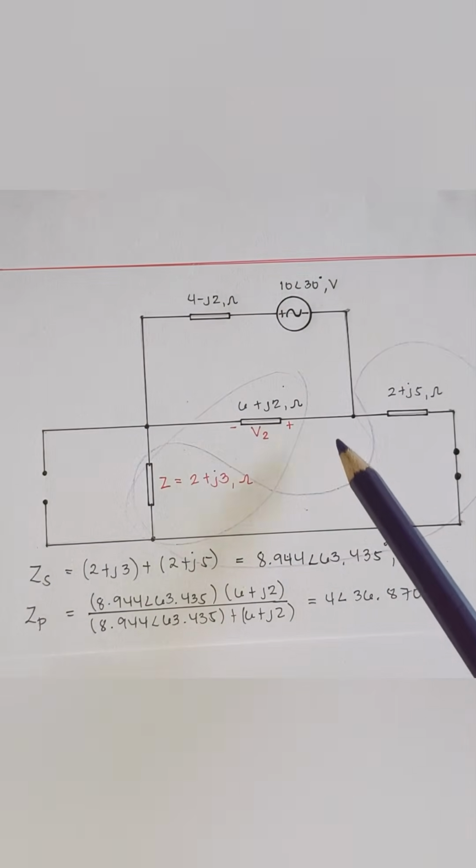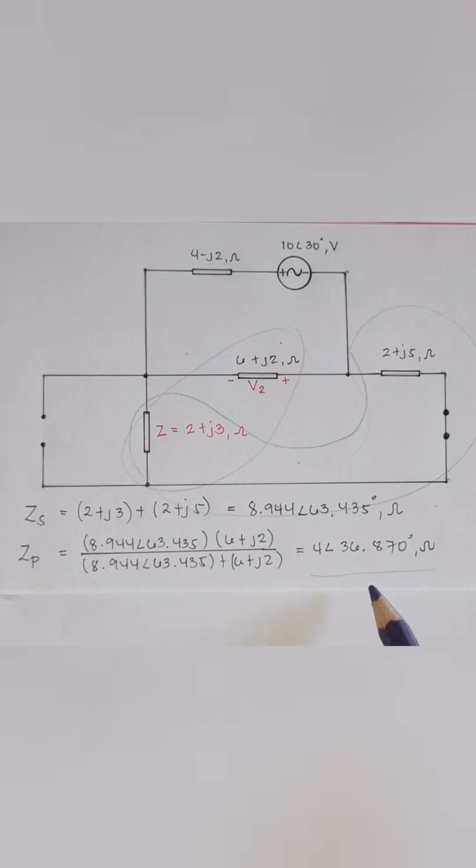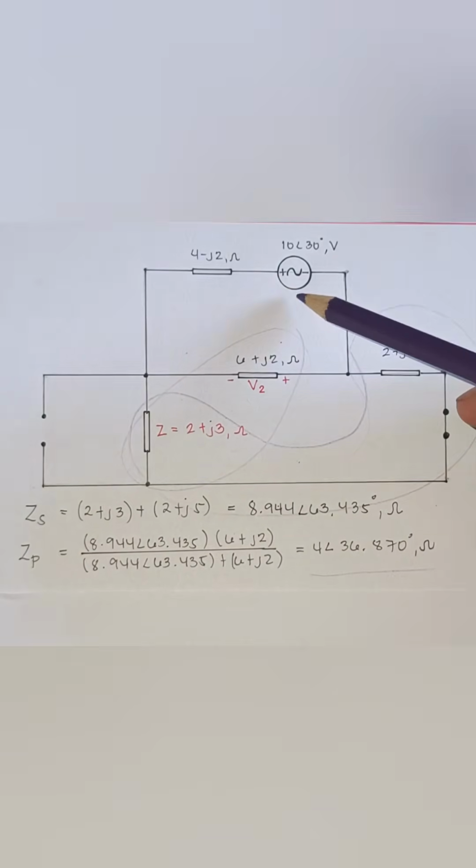Solving for that parallel combination, 8.944 angle of 63.435 times 6 plus J2 all over 8.944 angle of 63.435 plus 6 plus J2, we get 4 angle of 36.870 ohms.